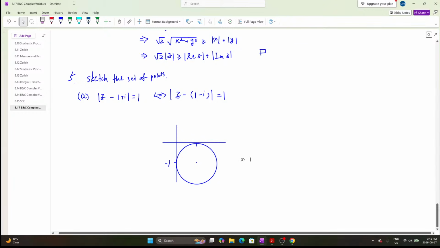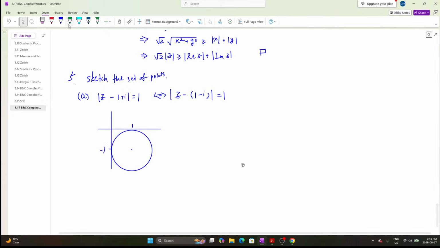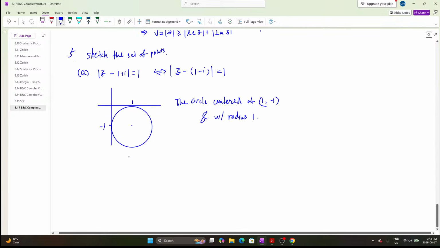Okay, so that's basically the region. That's the circle. Let's also describe it verbally. The equation is a circle. This is the circle. The circle centered at 1, minus 1 and with radius 1. Okay, so that's the first one.